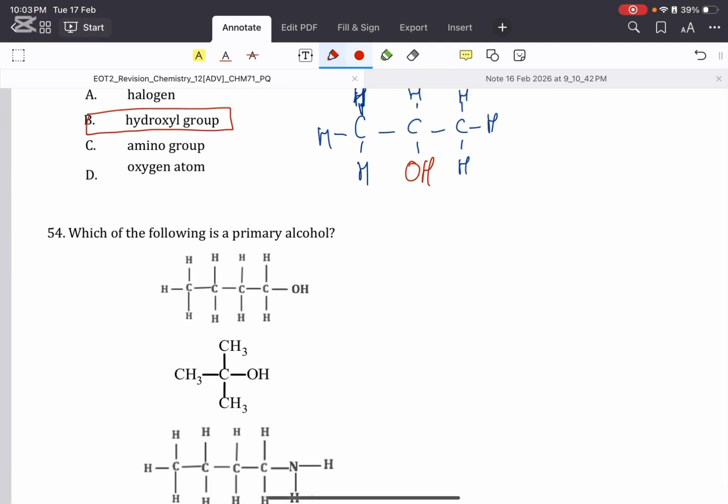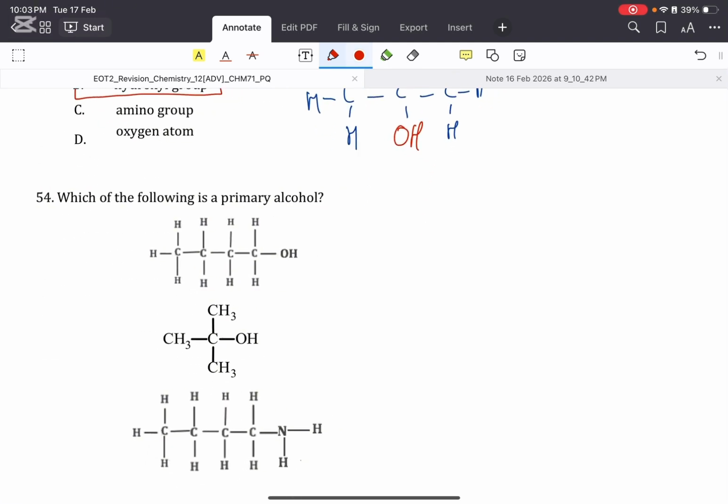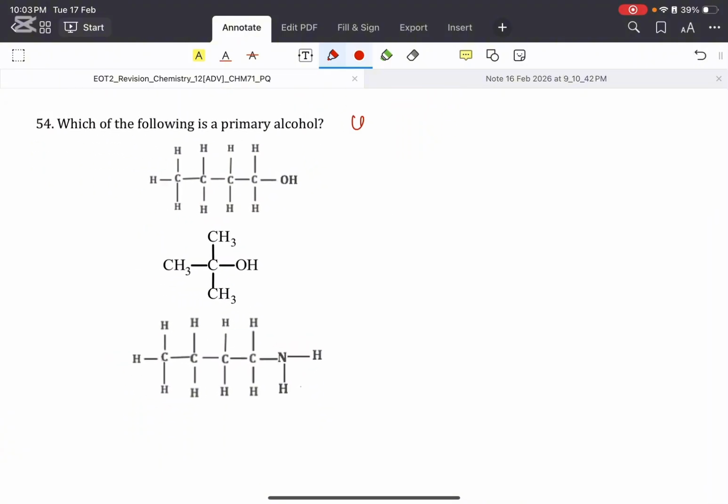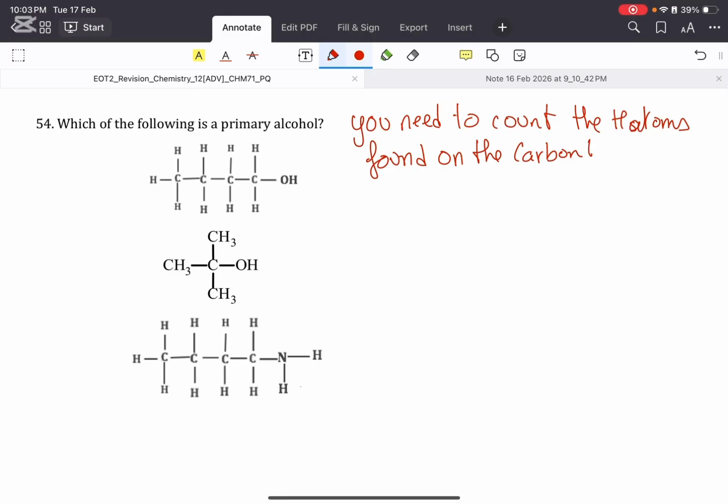Which of the following is a primary alcohol? Now, for a primary alcohol, you need to count the hydrogen atoms found on the carbon holding the OH group. So there are 4 carbons here, but which carbon do I look at? This one.